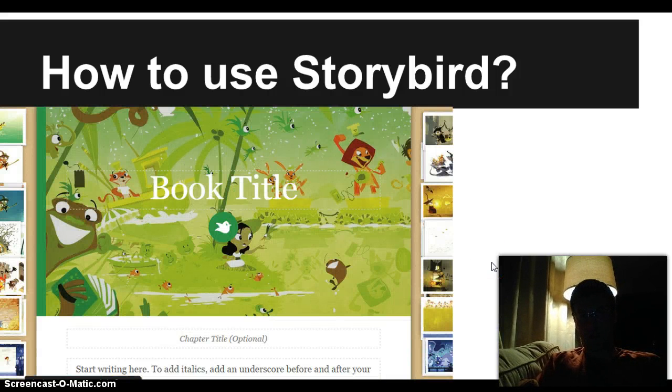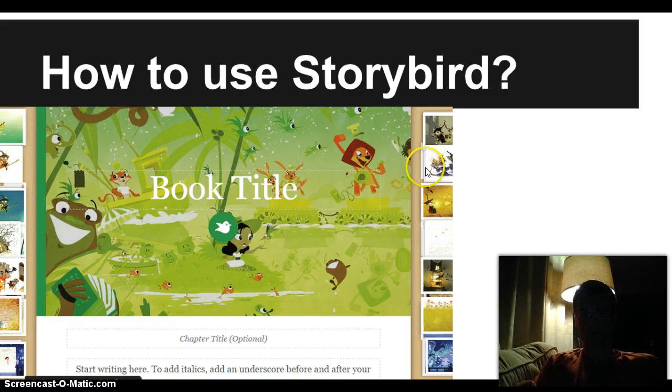Once you choose your theme, here is what the first page will look like for you to work from. You will have to drag and drop whatever picture you want to be your cover art. You'll type in your title, and then you can start writing a preface if you would like, or you have an option to go on to page 1.